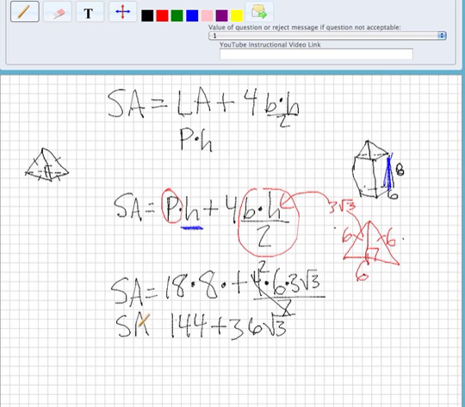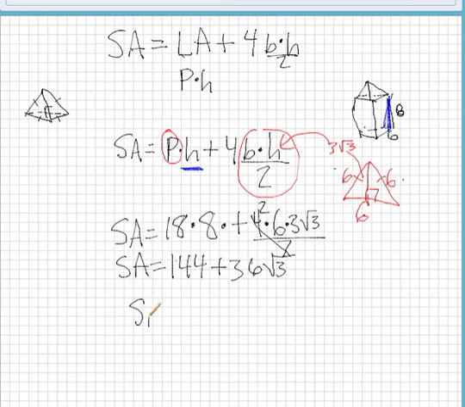Then we plug that into our calculator and add it all up to get our final surface area. Our final surface area is going to equal 206.4, and that's in units squared again.